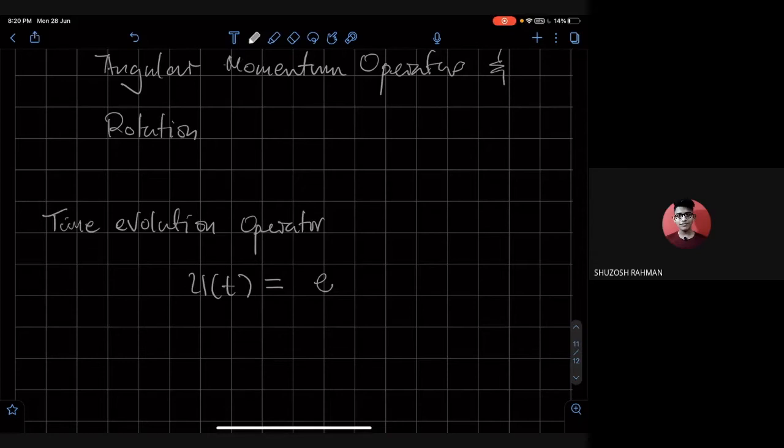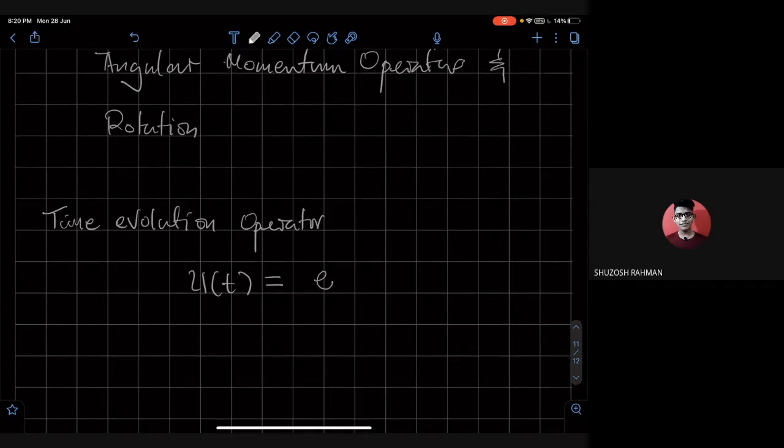Thank you. Okay, let me just remind you of the Schrodinger equation: i h bar d psi by dt equals H psi. So if I can write this like this, does that give any clue what should be here?